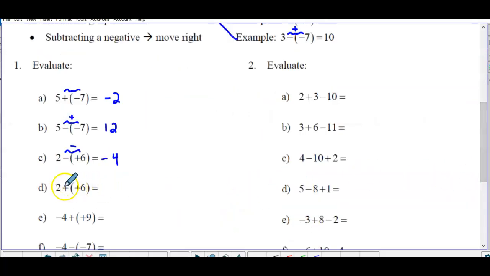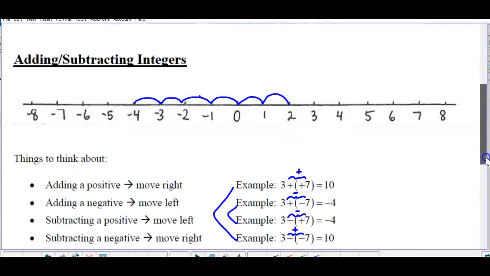And then 2 adding a positive is just like adding. 2 plus 6 is 8. -4 adding a positive is going to the right on the number line, but you're starting at a negative. So -4, I'll use red here. So -4, and we're going to the right 9. 1, 2, 3, 4, 5, 6, 7, 8, 9. So you end up at 5.